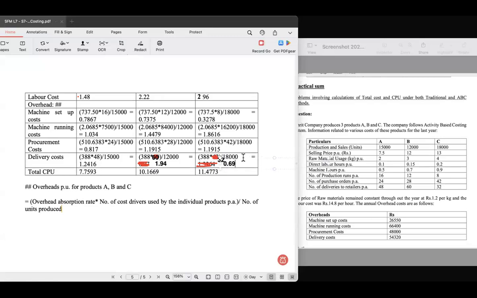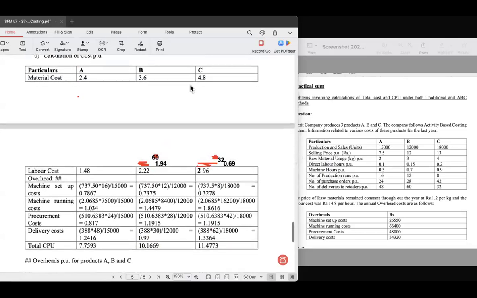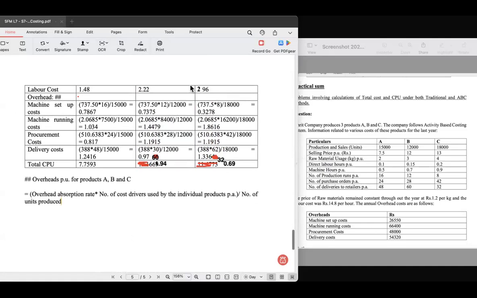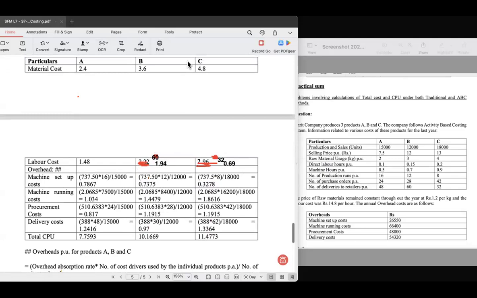Okay. Now let's check the totals. 0.79 plus. Oh, yes. When you're calculating the total, guys, there's the cost before. Oh, I should have taken it down. 2.4, 3.6, 4.8. Let's write it. Oh, again, I forgot. 2.4, 3.6, 4.8.